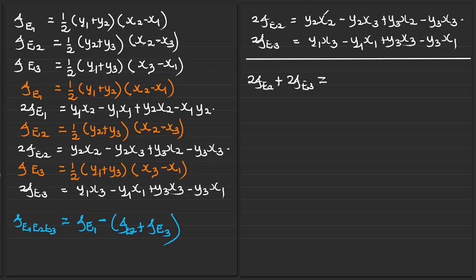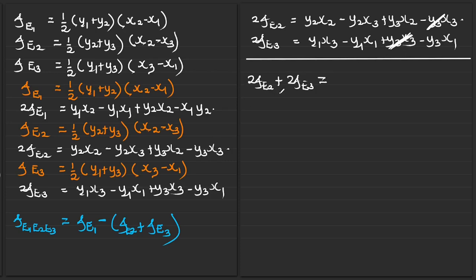If you look at y2 here, it has no counterpart here, but if you look at y3x3, this is negative and this is a positive counterpart, so they would cancel out. Now we check if there's any other thing to cancel out, and you realize that there's actually nothing to cancel out.